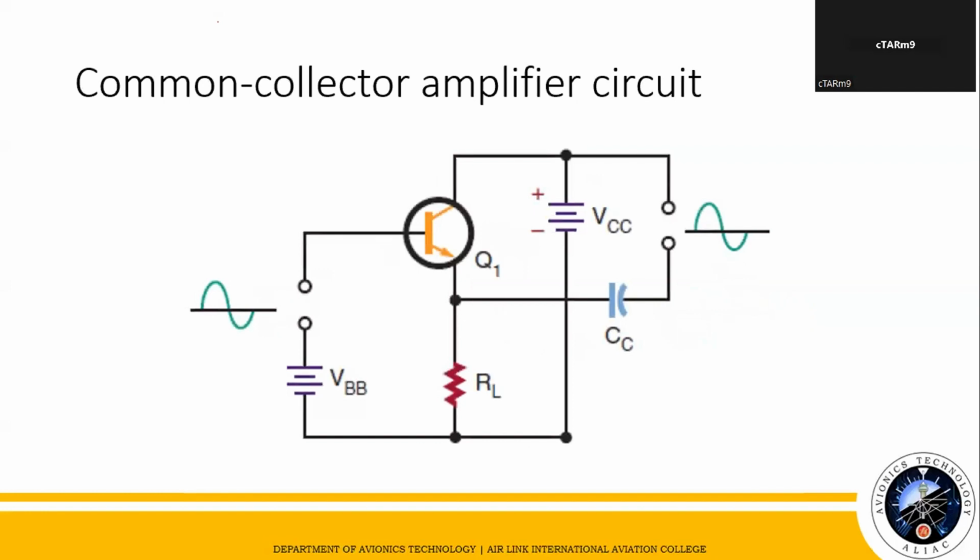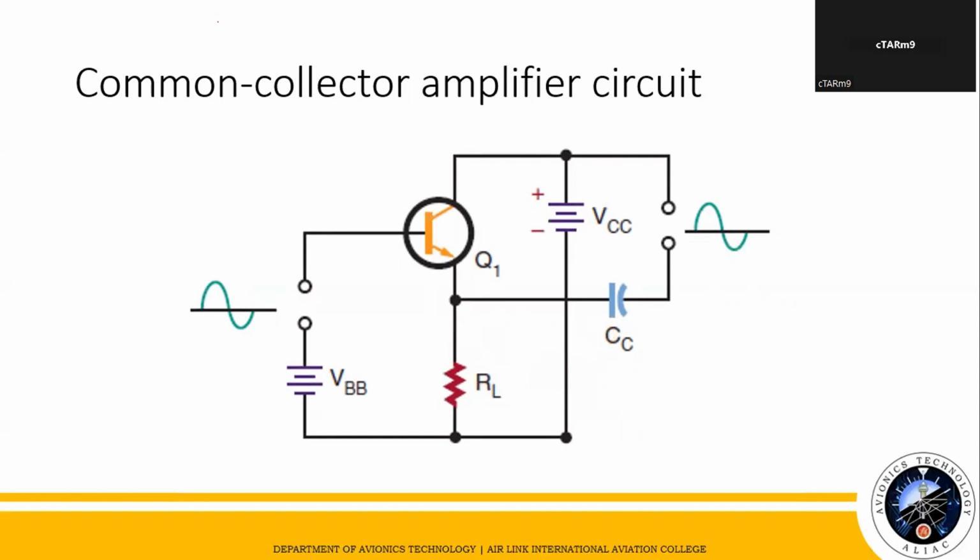So, the common collector amplifier circuit, the third type of connection. In the common collector circuit configuration, the input signal enters from the base and collector, and the output signal leaves from the emitter and collector. So what happens here?